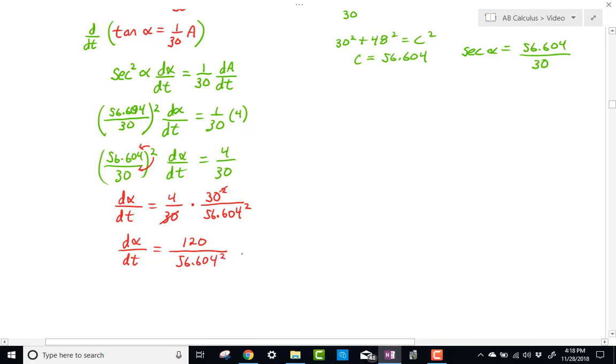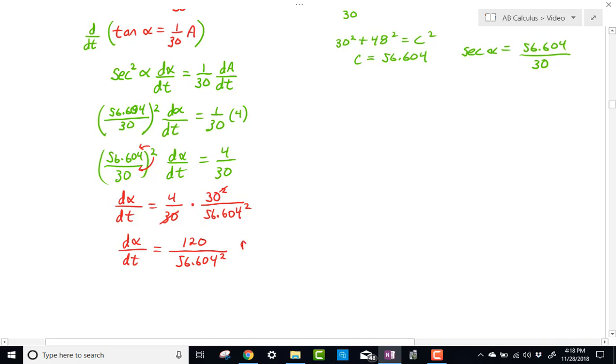56.604 squared. Now, if I just leave my answer like that, now obviously I've already pulled out the calculator once, but if I leave my answer like that and I attach the right units to it, I'm okay on an AP test. I don't need to get it down to the exact value. So I could literally say that this, remember, alpha, that's an angle. Our angles are in radians.